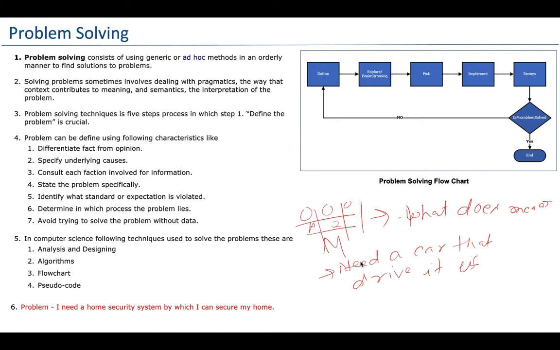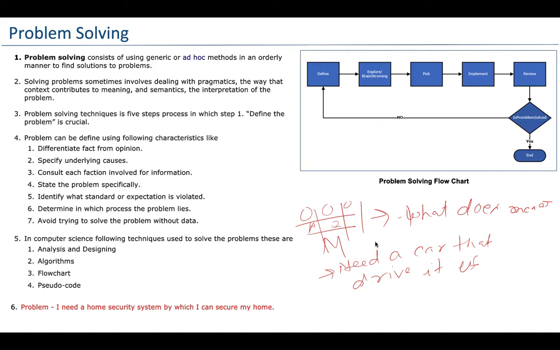Then state and define the problem, identify the standard and expectation, determine the process lies in the problem, and avoid trying to solve the problem without data.